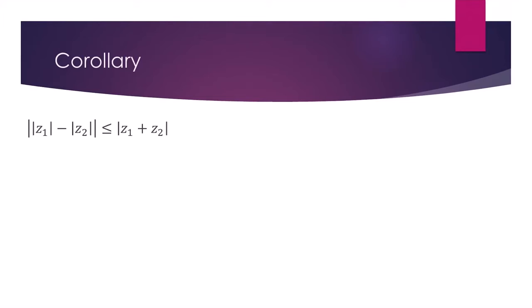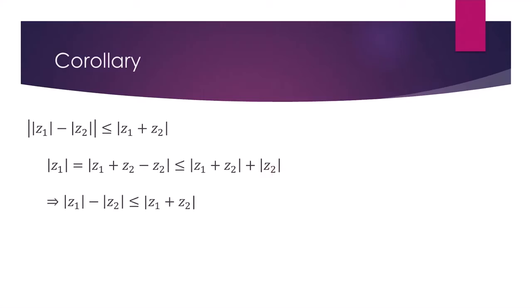Now we will discuss one corollary of this triangle inequality: the absolute value of mod z1 minus mod z2 is less than or equal to the absolute value of z1 plus z2. So write mod z1 as the modulus of z1 plus z2 minus z2. Apply the triangle inequality. So this is less than or equal to mod z1 plus z2 plus mod z2. So from this we can write mod z1 minus mod z2 is less than or equal to the modulus of z1 plus z2.